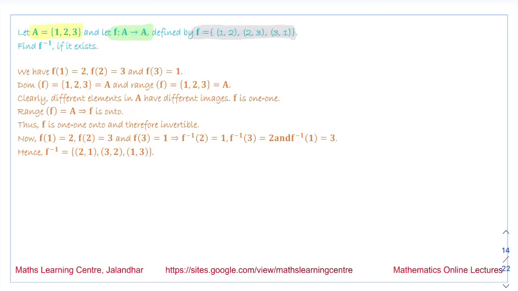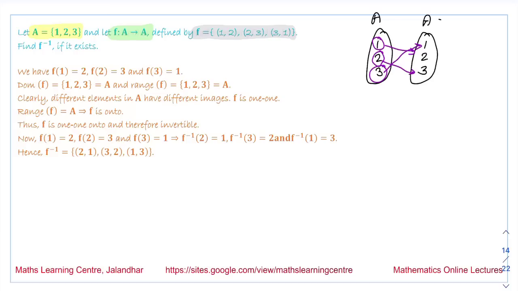So if we look at this function, we have the elements 1, 2, 3 in A, and this function is defined from A to A, and 1 is mapped to 2, 2 is mapped to 3, and 3 is mapped to 1.